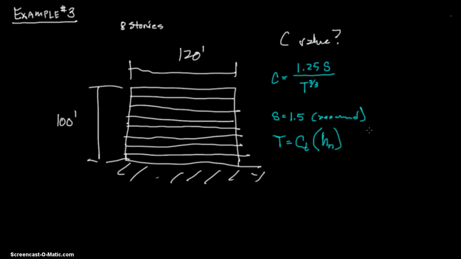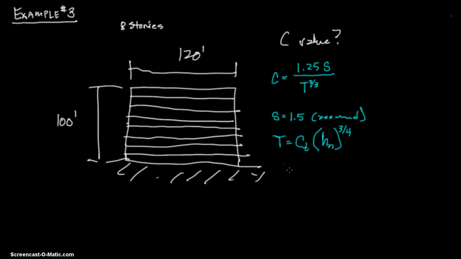So now we have to figure out what T is, and you need to figure out what C_T and h_n are to obtain that. The good thing is, we can figure that out.